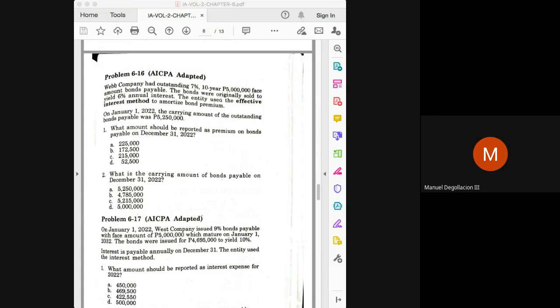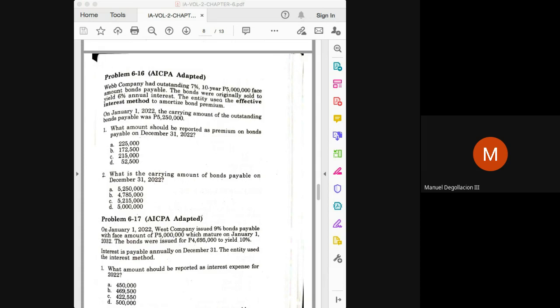Just to complete, the fourth commonly asked question is question number 2 in this problem. What is the carrying amount of the bonds payable then on December 31, 2022?